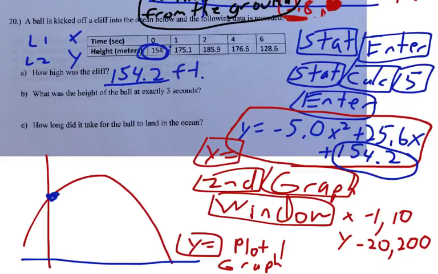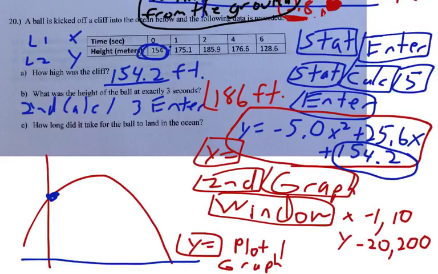And then for B, for the height at 3 seconds, I'm going to press second calc 1. So second calc 1 for my value. I'm going to type in 3 and then enter, and I got 186. So that's 186 feet. And then for the last one, how long did it take for the ball to land in the ocean?